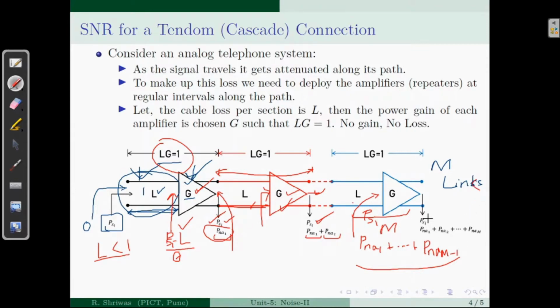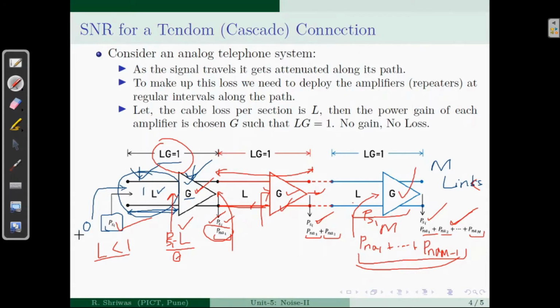If you see, the signal power remains the same, that is, the output signal power is the same as the input signal power. The output noise power is going to be all the internal noises of previous stages plus the internal noise of this current stage. So the output noise power is PNA1 plus PNA2 up to PNAM.